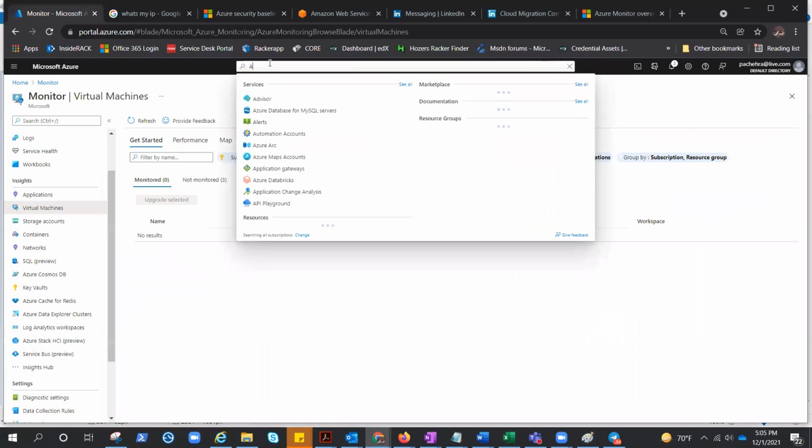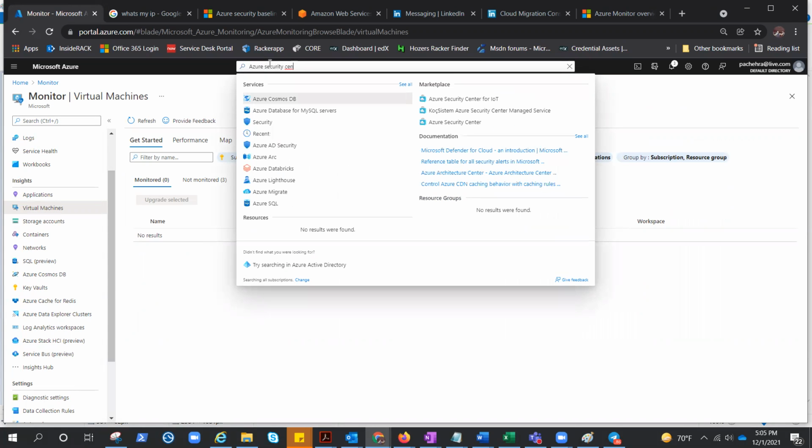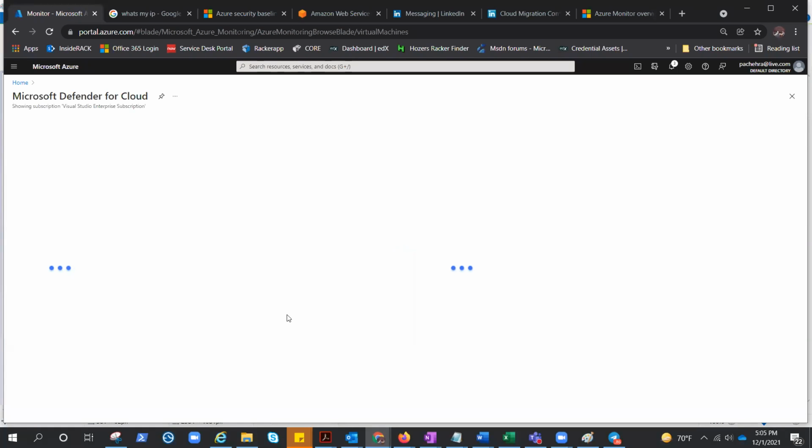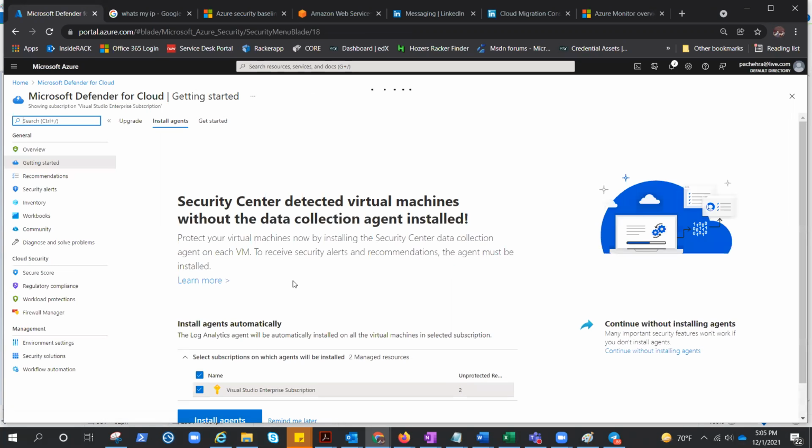If I type here, Azure Security Center, you don't have any, right? Because it has become Microsoft Defender for Cloud. You see, it seems like Azure Security Center with security score, regulatory compliance, workload protection, firewall manager.